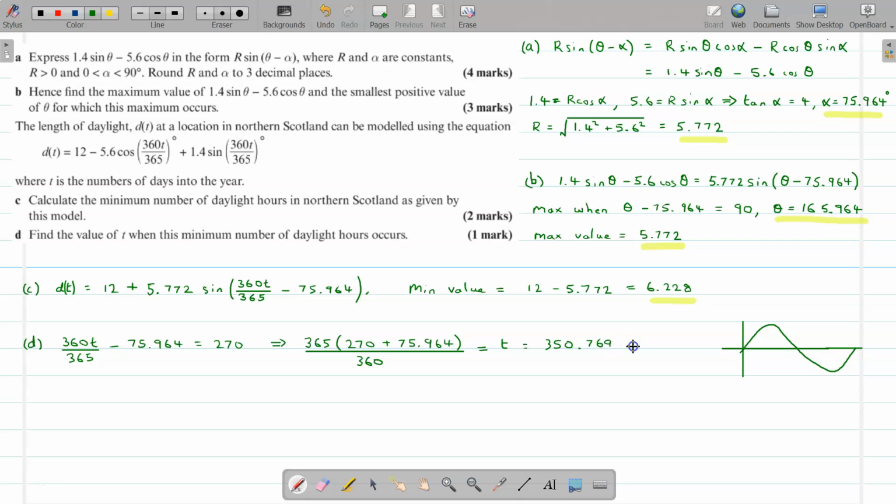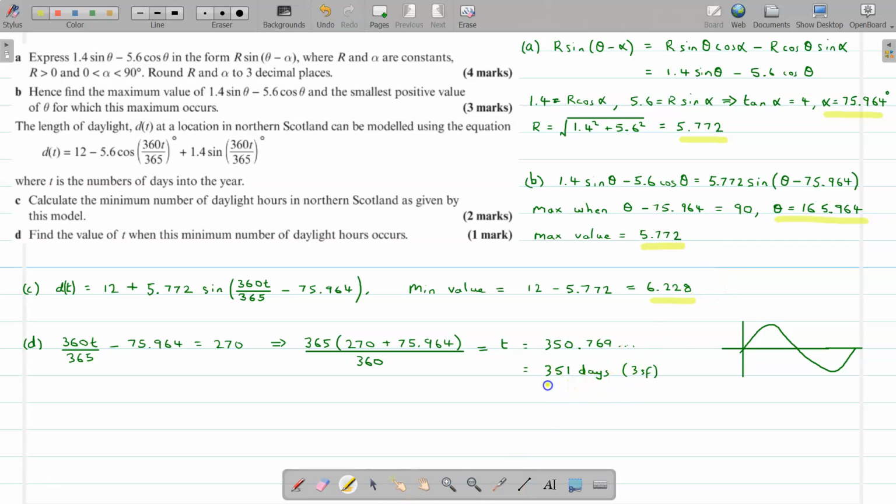Now I think in that case it's acceptable to leave that as 351 days, to 3SF. We've been working to 3dp for most of these things, and that is days.